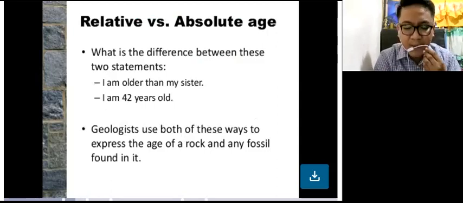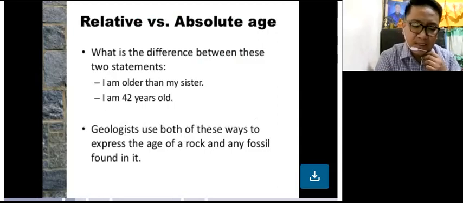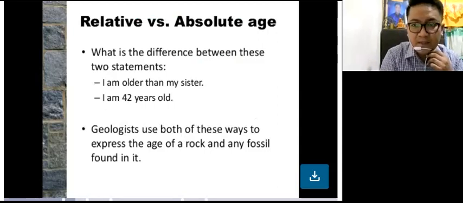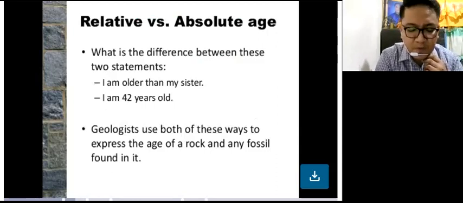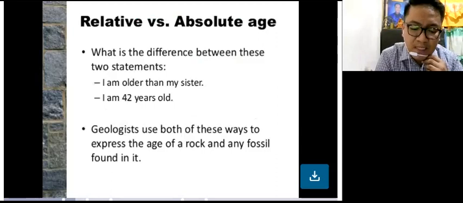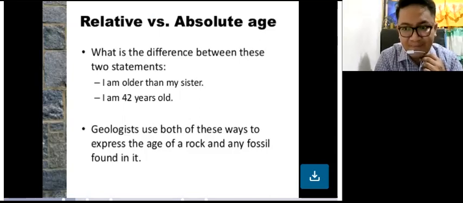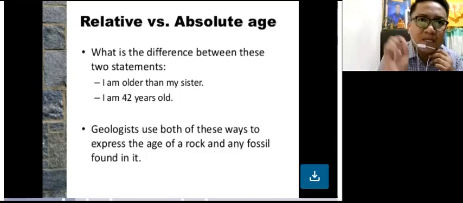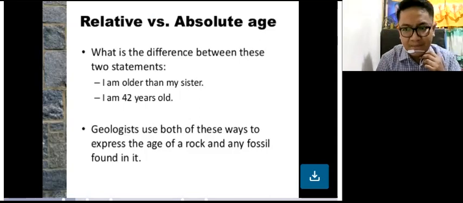Napapansin po natin na napaka-importante po noong tinatawag po natin relative dating and relative age and absolute age po. When you hear the word relative dating, it is a method of determining the age of rocks in each layer by identifying the relative order of previous events. So mayroon na pong touch dito na tinatawag natin time scaling po.